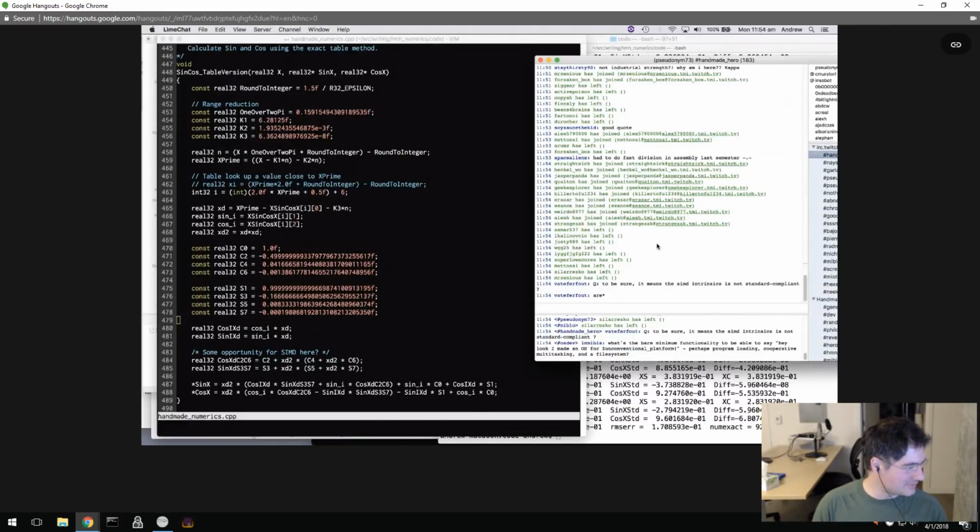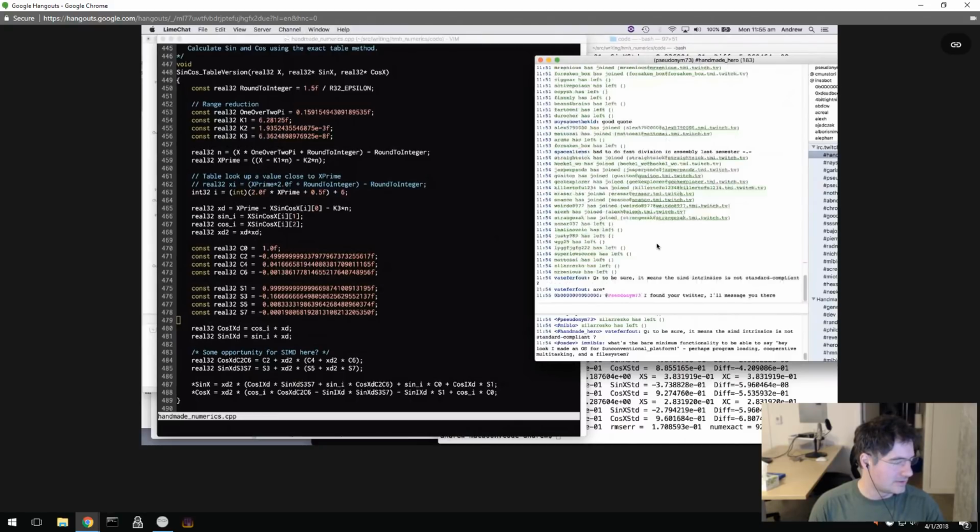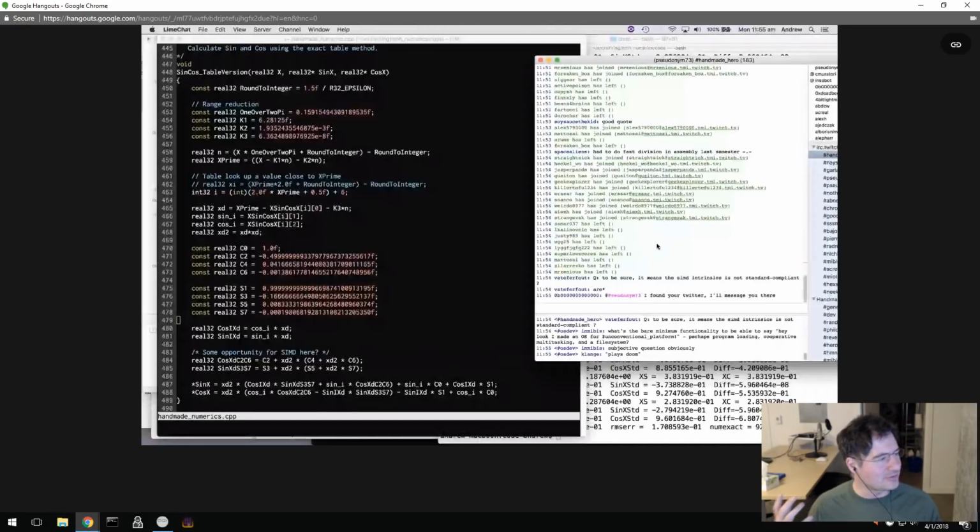To be sure, it means the transistors are not standard compliant. I don't know how well the square root intrinsic is. It might just not be C. This was the thing that Andrew was talking about a little earlier in the stream: there's actually a difference between the C runtime library standard and the IEEE standard.